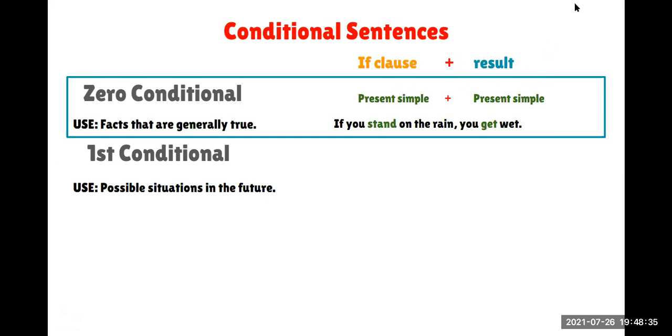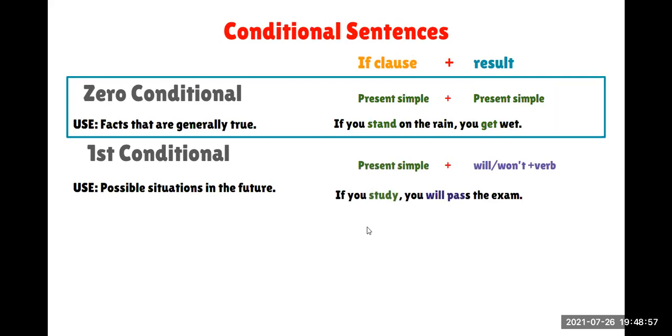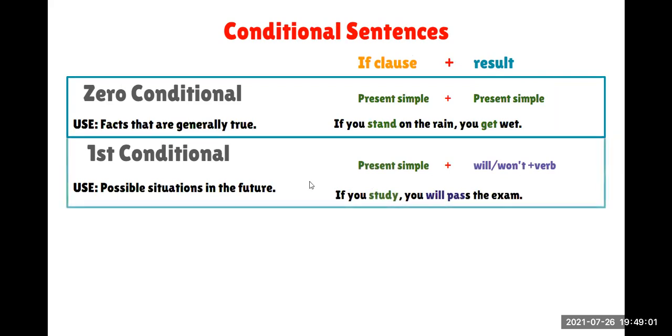Present, future. Present simple in the if clause, in the condition, and in the result, we use the future simple, right? We can use will and the verb in the base form. Here we have an example. If you study, you will pass the exam. This is a possible situation in the future, right?